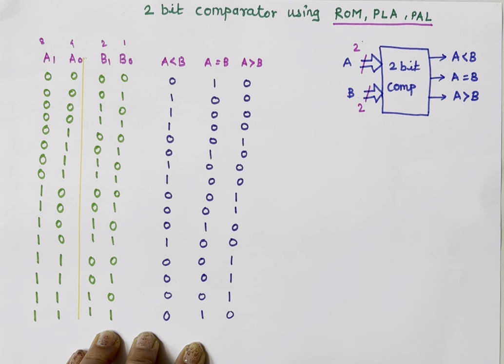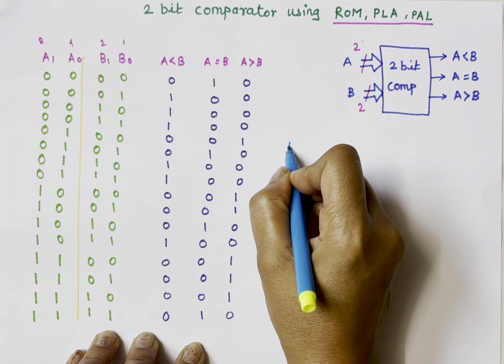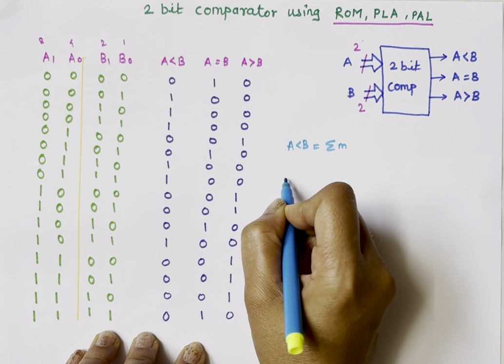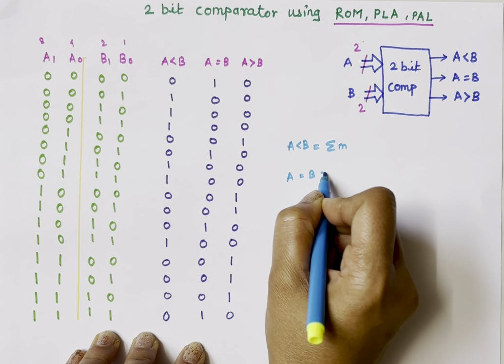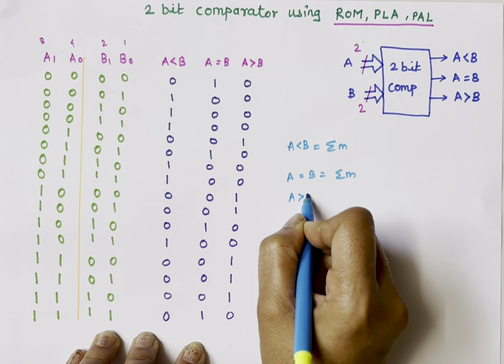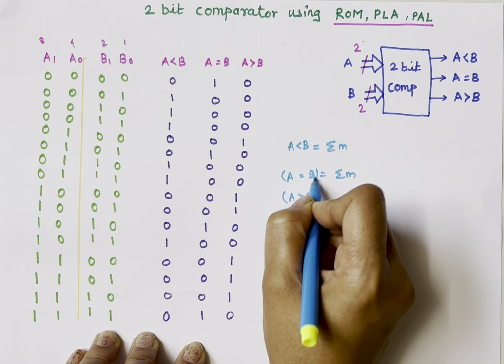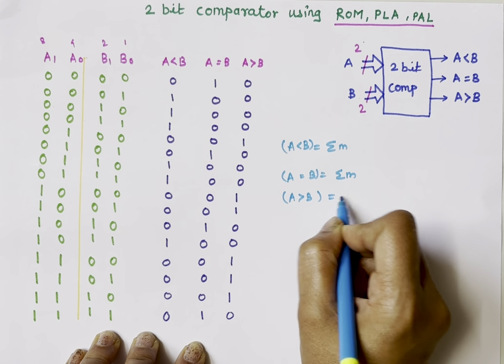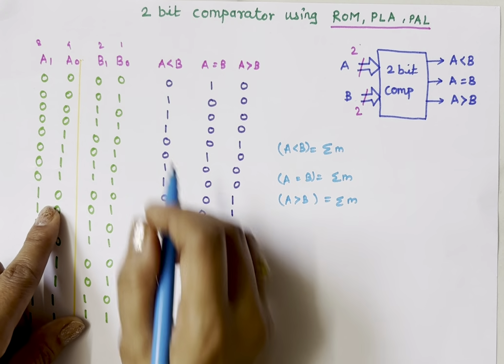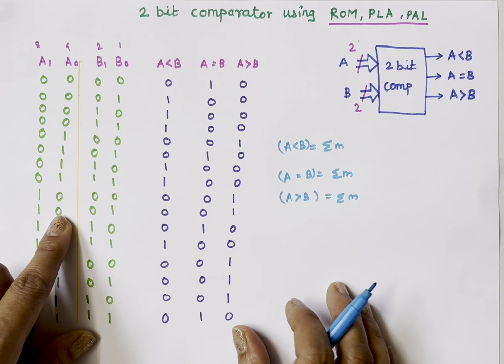Let's find out the min terms. A less than B is equal to summation of m, A equals B, and A greater than B. Okay, so here I'll write the min term names.